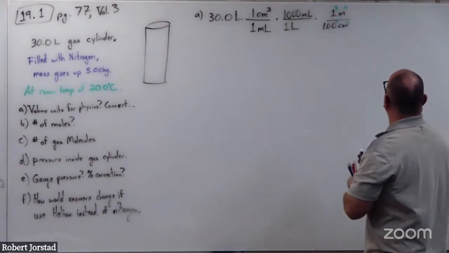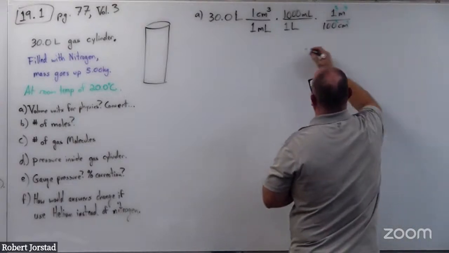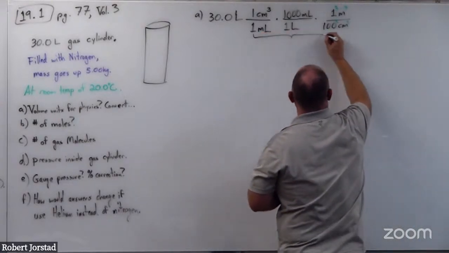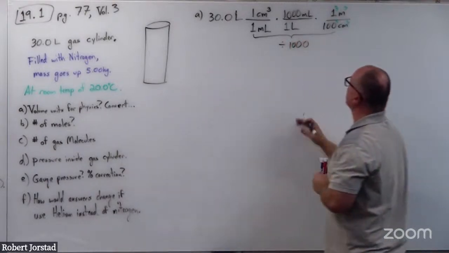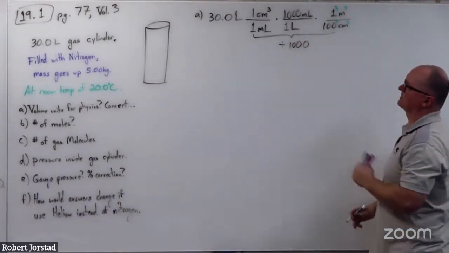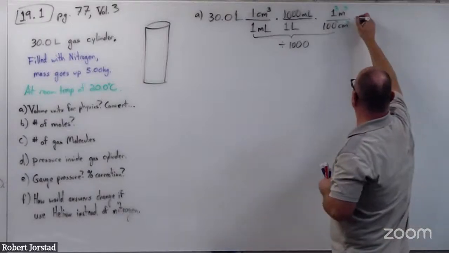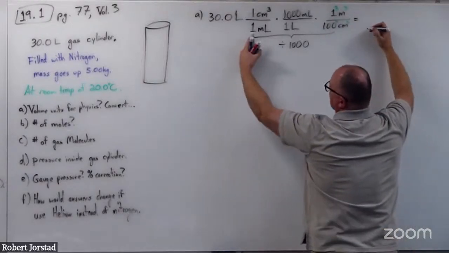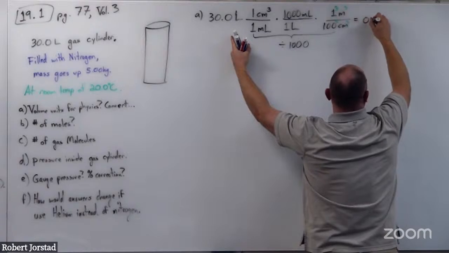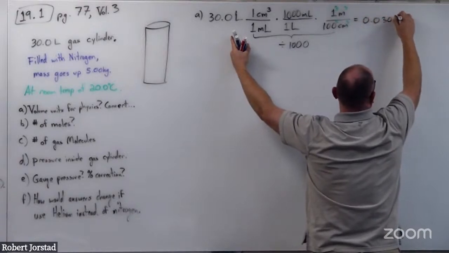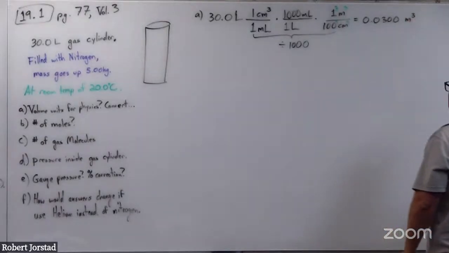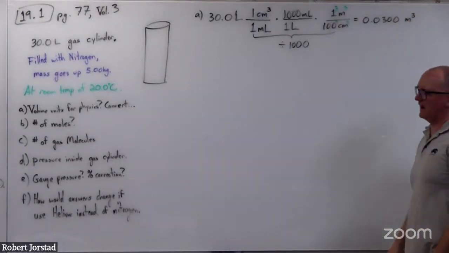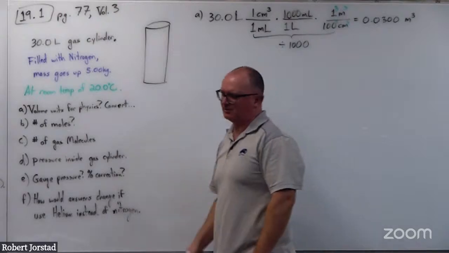So this whole conversion ends up being divide by 1,000. 1,000 over 1 million, so to convert back and forth, you could remember that. Or you could just do this conversion process. So we're going to get 0.0300 meters cubed. All right, divide by 1,000 to get liters to meters cubed.